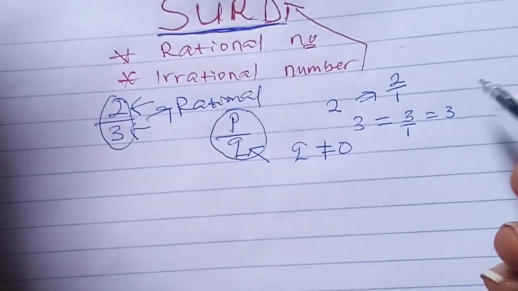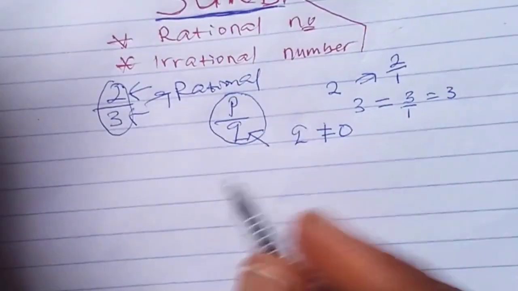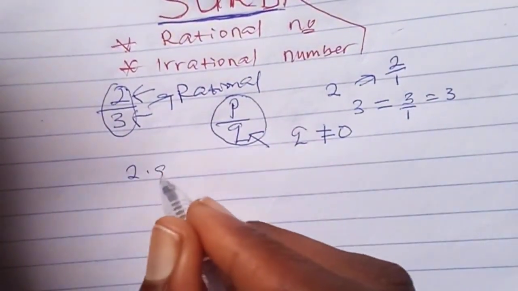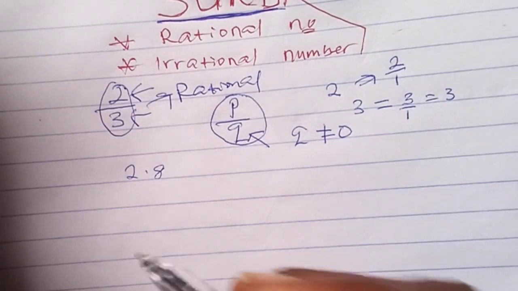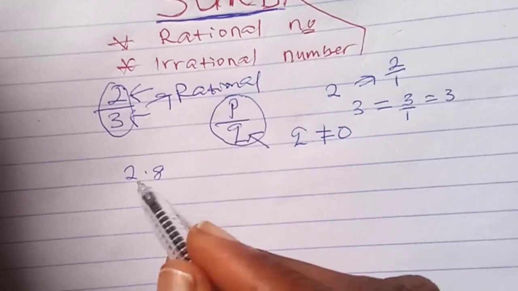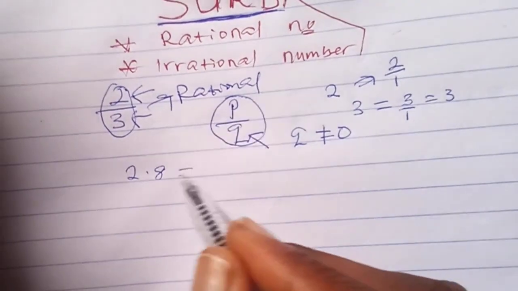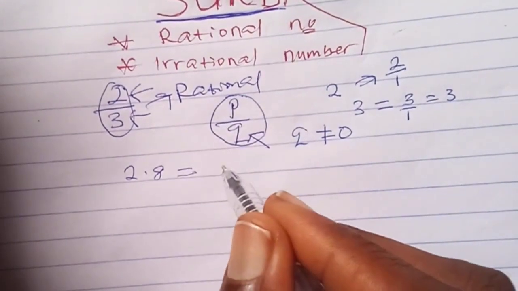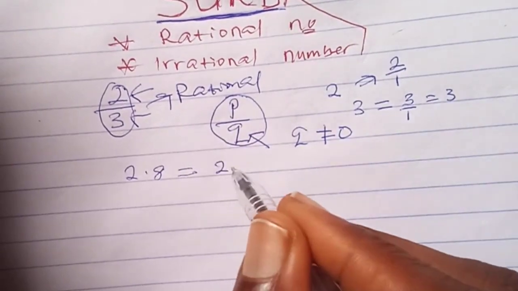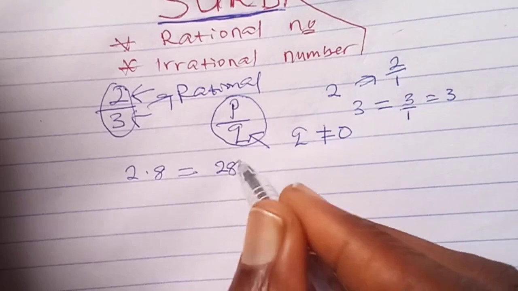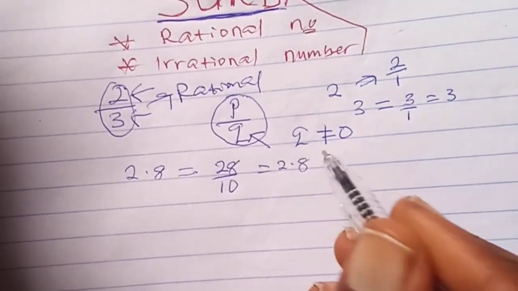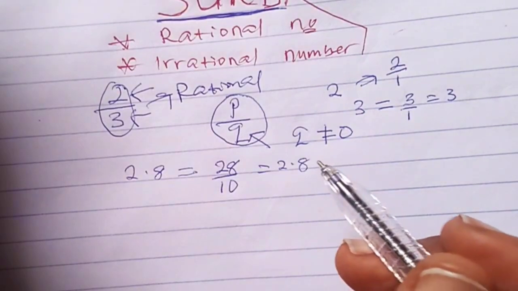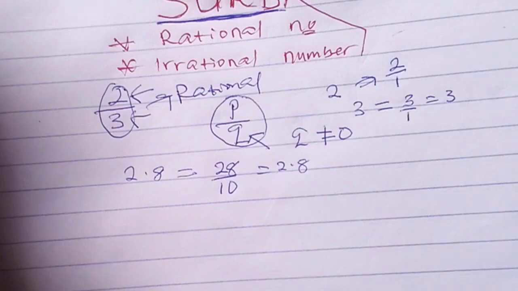Numbers like 2.8 are also rational numbers. Why? It can be expressed as a fraction. 2.8 is the same thing as 28 over 10. 28 over 10 gives us 2.8. So these are basically what rational numbers are.